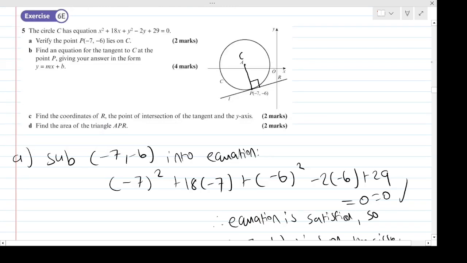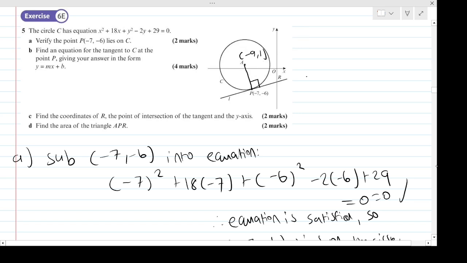So that means this point A is (-9, 1). Now I know two points on the radius, the radial line there. So I can work out the gradient, which then helps me because it's perpendicular, so I can work out the other gradient as well.